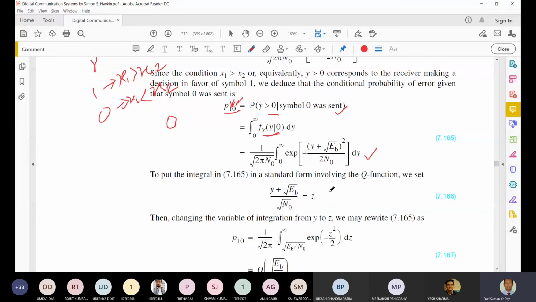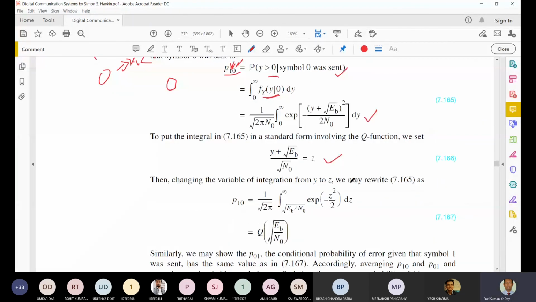We are changing the variable of the integration, putting the corresponding value, finding the value of dy, and changing the limits of the integration, to get that expression. I hope there is no doubt about how we are getting that expression.